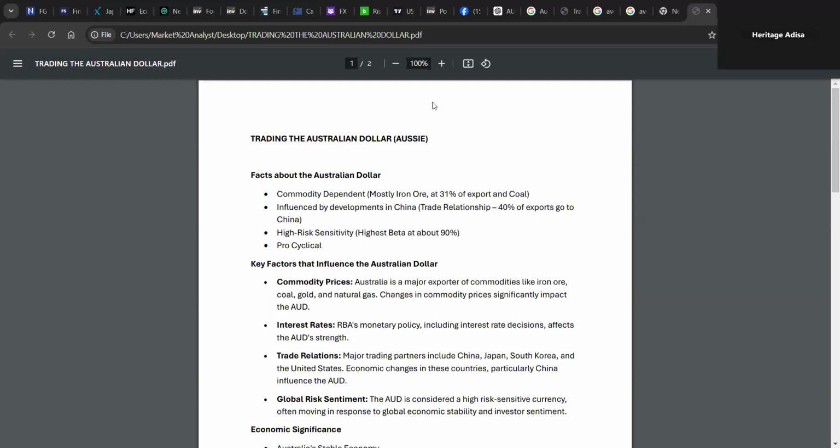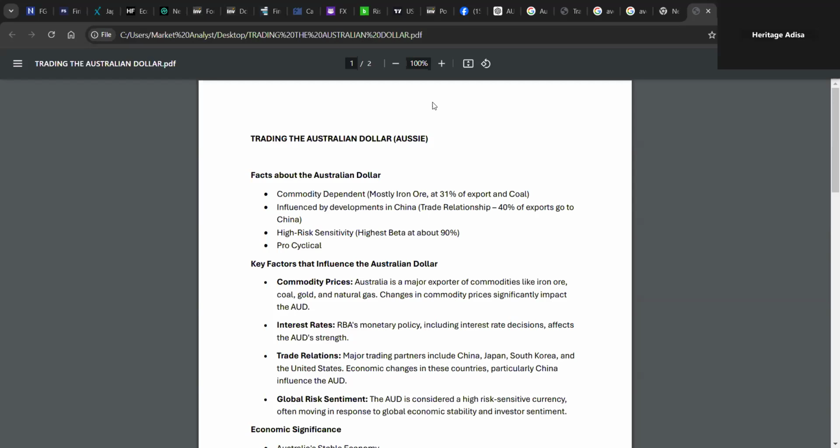Among the high beta currencies, you have the Canadian dollar, the New Zealand dollar, the Australian dollar, and so on. The Australian dollar has the highest beta. That is, it is the most sensitive to risk sentiment. When you have clear risk on in the market, AUD is the go-to currency, is the currency you want to buy, is the currency that rises the most.